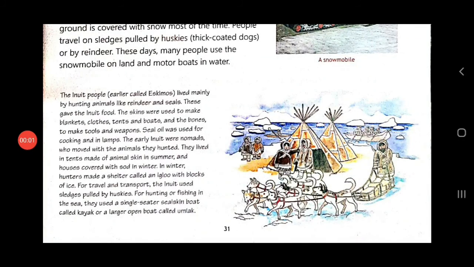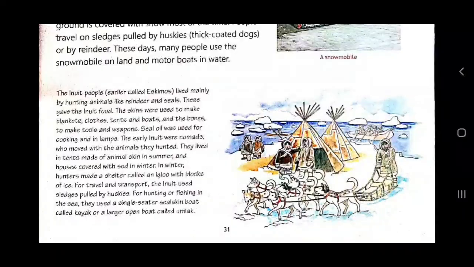For hunting or fishing in the sea, they used a single-seater sealskin boat called kayak or a larger open boat called umiak. Now children, for hunting and fishing purpose in the sea, sea में hunting or fishing करने के लिए what did they use? They used a boat called kayak.